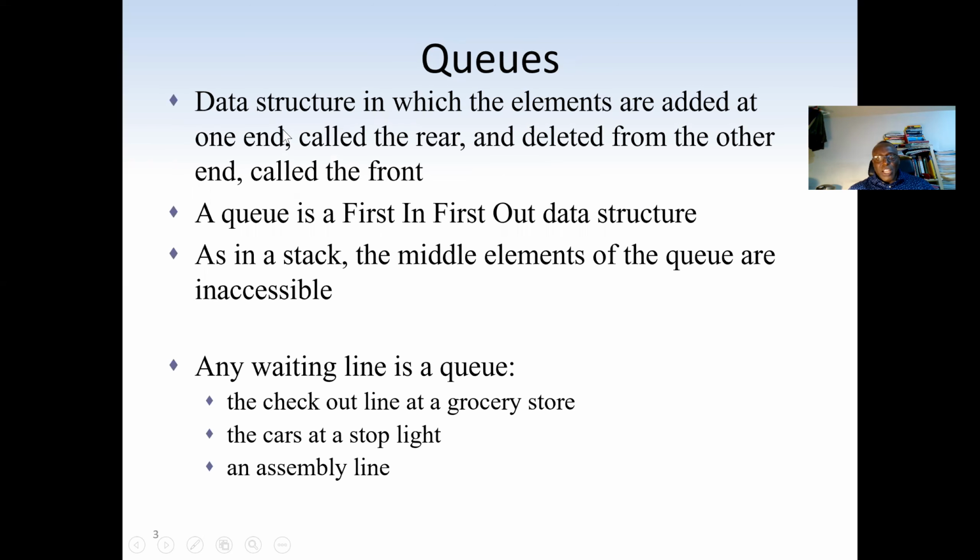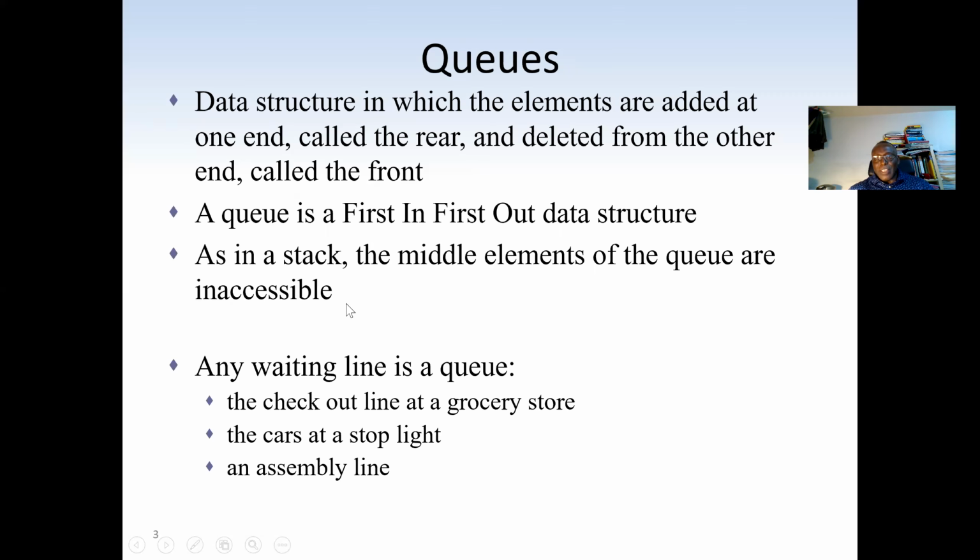So that's the definition again: a data structure in which the elements are added at one end called the rear and also deleted from the other end called the front. So again, queue is first in, first out. I will go through the rear and I will come out from the front. As in stack, the middle elements of the queue are inaccessible.